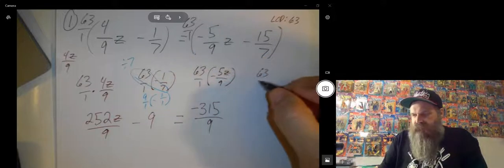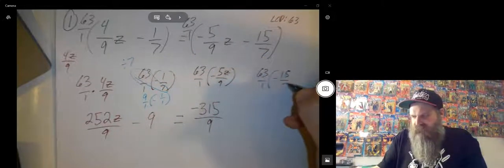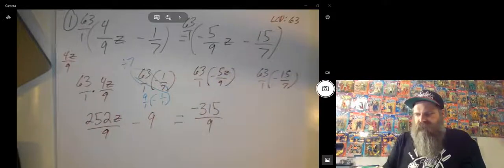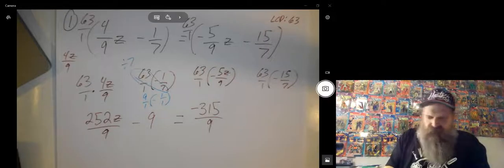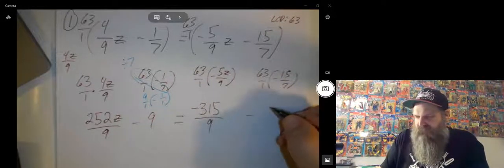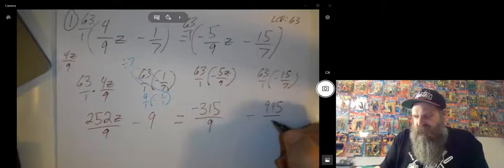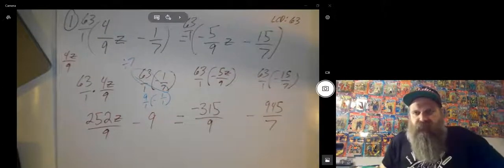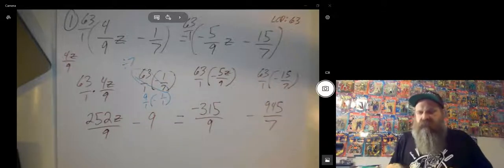Take 63, multiply it by negative 15 over 7. So if you don't do that diagonal simplification, then we just do 63 times 15 to get a negative 945. And then we'll divide that by the bottom times the bottom, 1 times 7, to get that denominator.